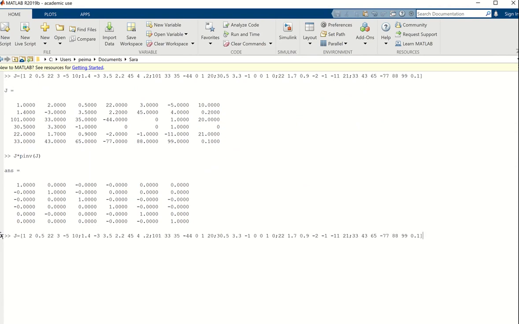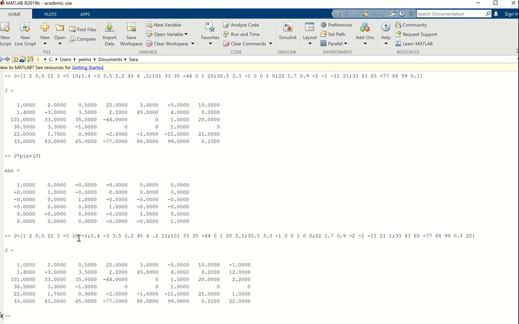Understand? Now let's say that you have 8 degrees of freedom, so I'm just adding one element here: 12, 2.2, 0, 1, and 22. So this Jacobian shows that you have an 8 degrees of freedom robotic system in your company, in your lab.